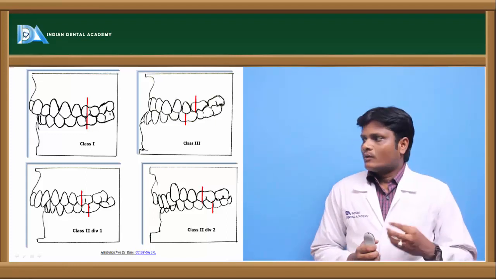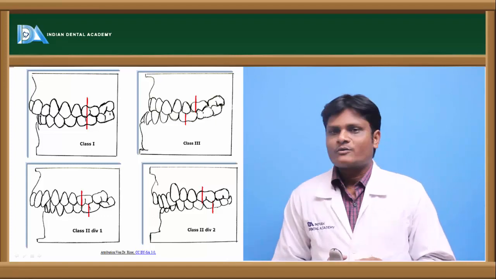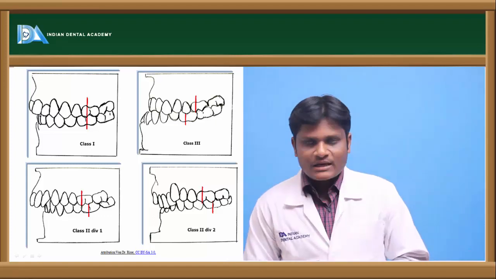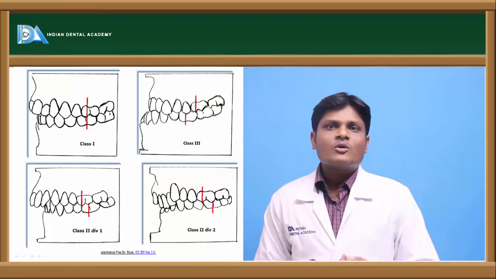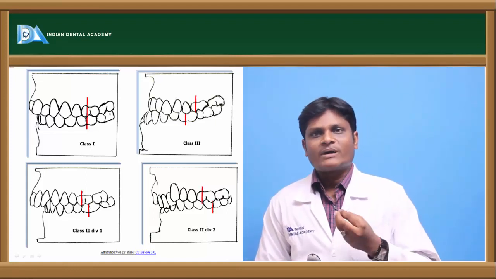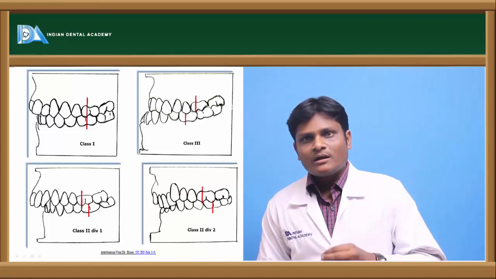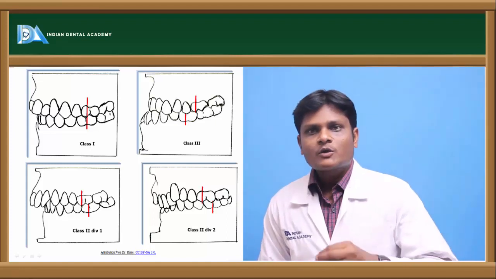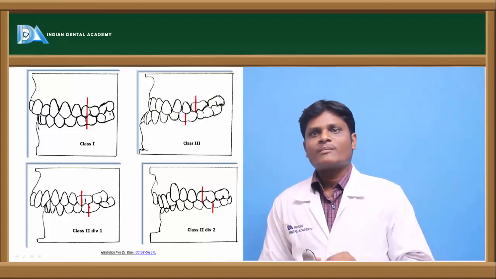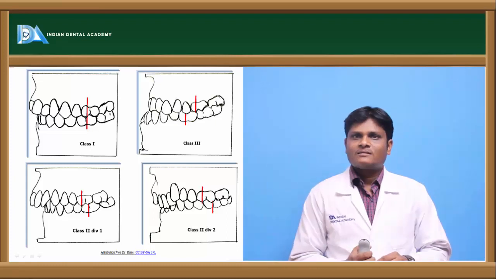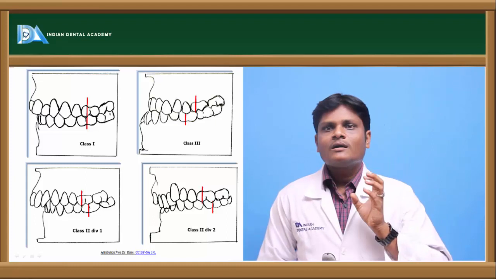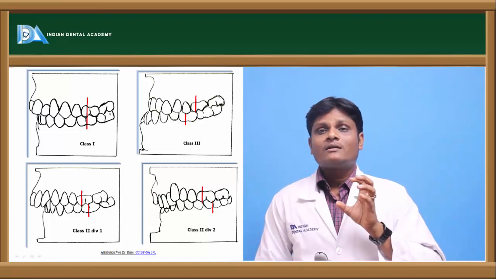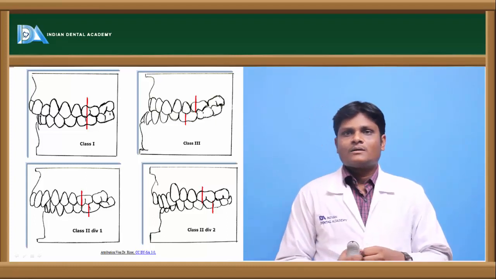Now, what is Angle's class 2 malocclusion? Angle's class 2 malocclusion is nothing but a malocclusion where the mesiobuccal cusp of maxillary first permanent molar is occluding mesial to the buccal groove on the mandibular first permanent molar. That means the maxillary first permanent molar lying more mesial to the mandibular first permanent molar.